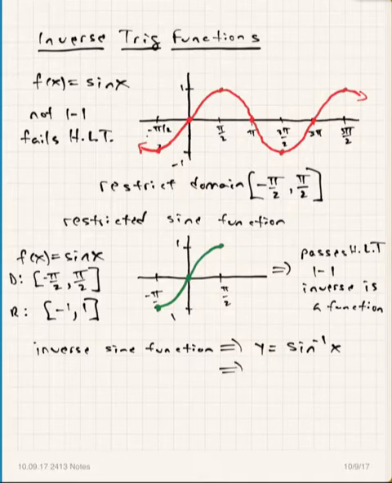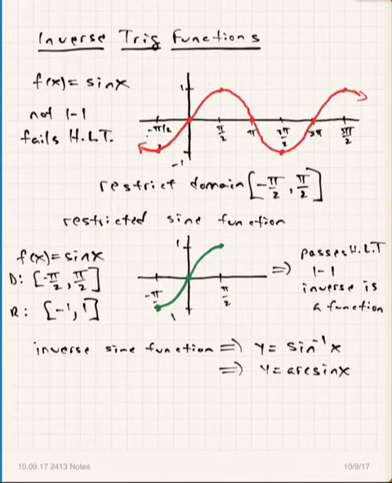Another notation, where you don't use that exponent notation at all, is the arc notation, and you call it arc sine x. Those notations are interchangeable. They mean the same thing. They're both the inverse of the restricted sine function. I will use them interchangeably, and the textbook will too. But you'll see both notations throughout calculus. In fact, I'll probably use the arc notation more commonly.